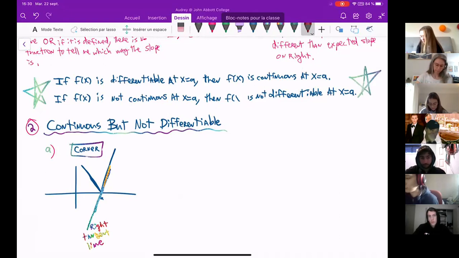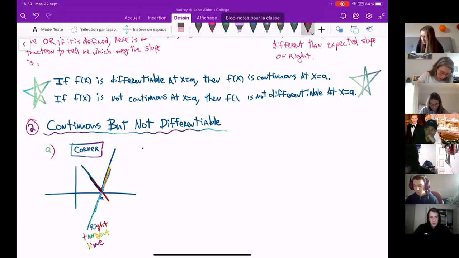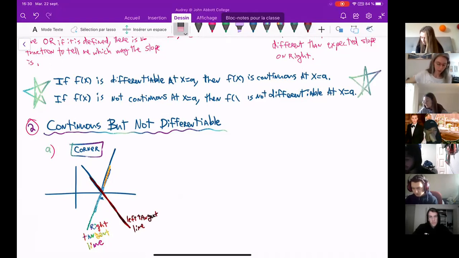No. It's not just reversed. It could be if they were really just perpendicular. But it's going to be actually going in a different direction even. If I try to draw it this way, that would be my left tangent line. And they're not the same.